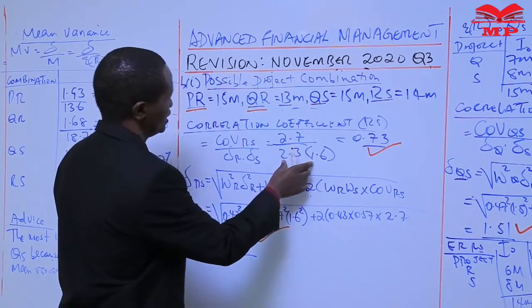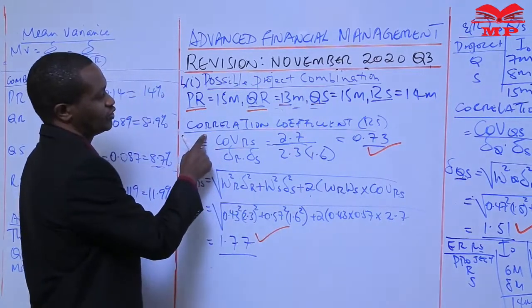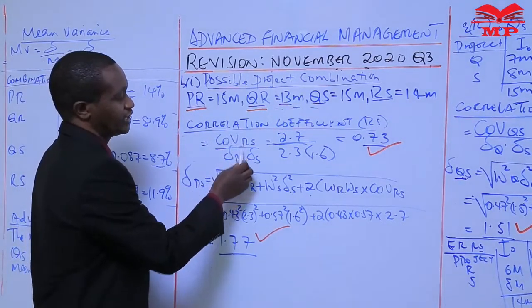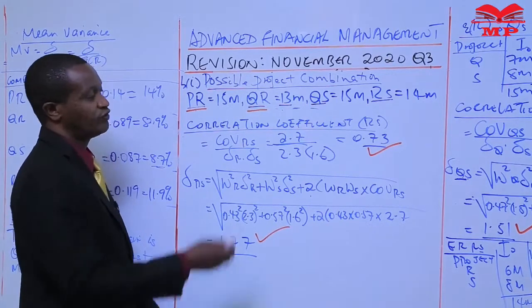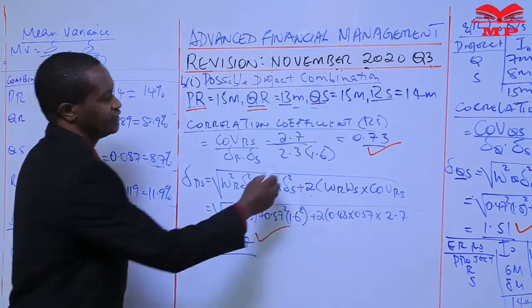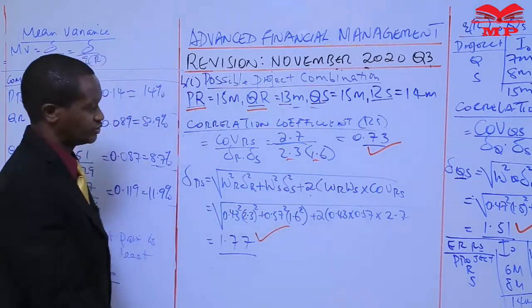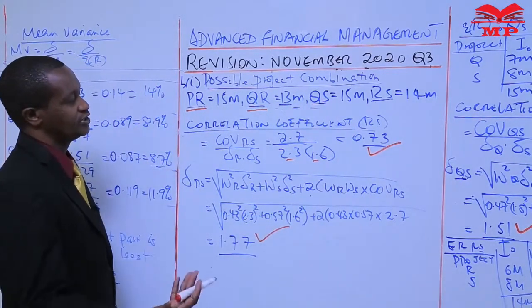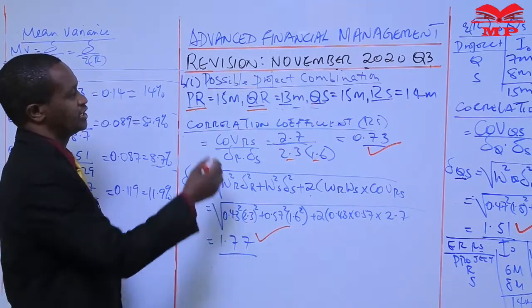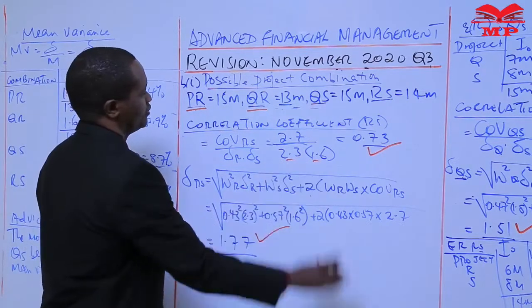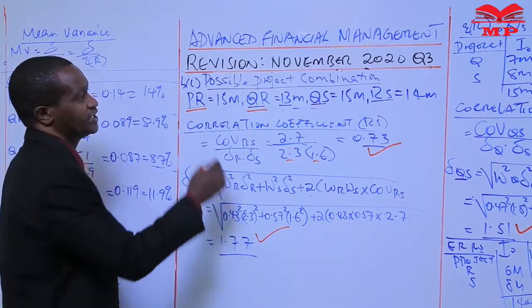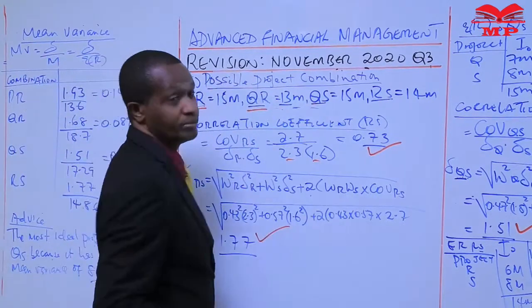The correlation coefficient is equal to the covariance of RS over the standard deviations. The covariance of RS is given in the question, and the standard deviation is also given. That would earn you marks. All right. And before calculation of the correlation coefficient, it was important in this question for the candidate to first of all identify the possible project combinations.